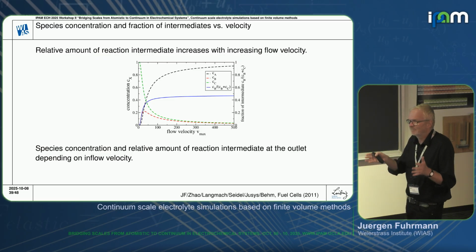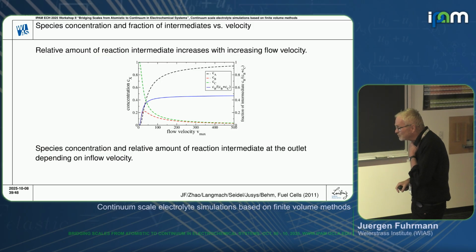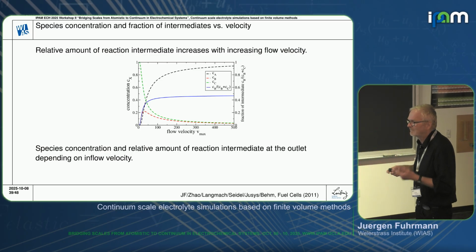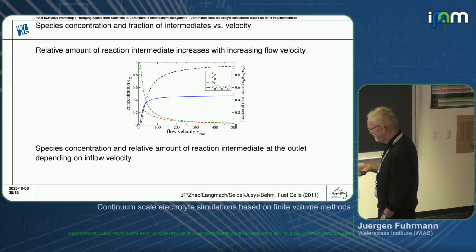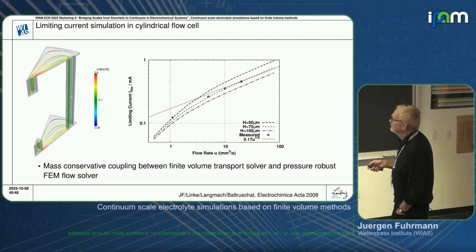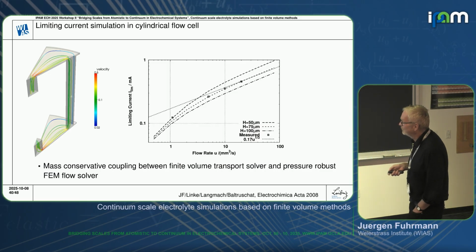So that means from this relatively simple modeling, which includes the convective diffusion transport, we can see already the effects which had been found in the experiment, which can partially at least explain what has been measured. With the simulation approach, we can also work on different flow cell geometries.